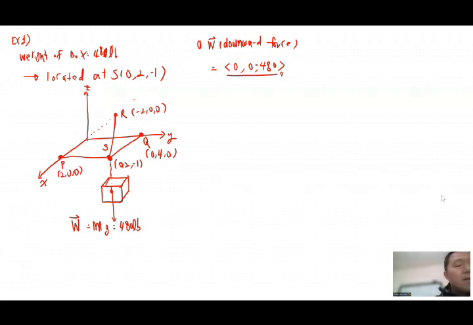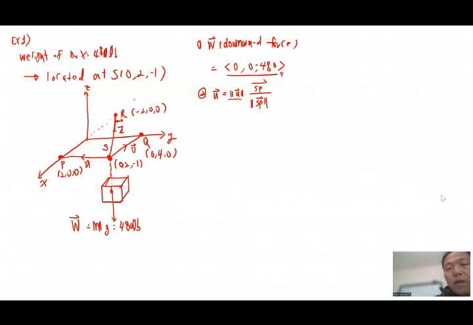Next, let's take a look at vector U, this is vector V, and this is vector Z. Let's check vector U first. We think of the magnitude of vector U as the force, and then we find the direction of vector U, which is vector SP over the magnitude of SP.